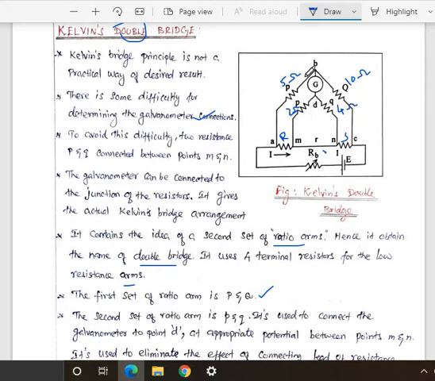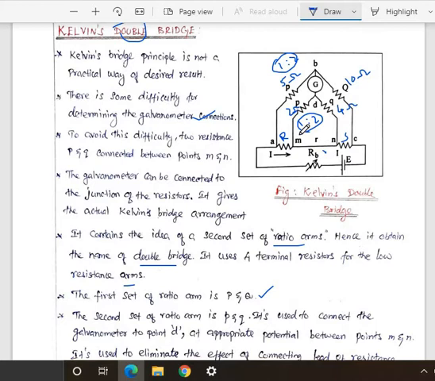Take the ratio here: one is double the other. 5 into 2 is 10, so it is a 1 to 2 ratio for capital P and capital Q. And for small p and q, 2 ohm is 1 and small q is 4, so 2 into 2 is 4, so 1 to 2. The ratio of capital P and Q is 1 to 2, and the ratio of small p and small q is also 1 to 2.